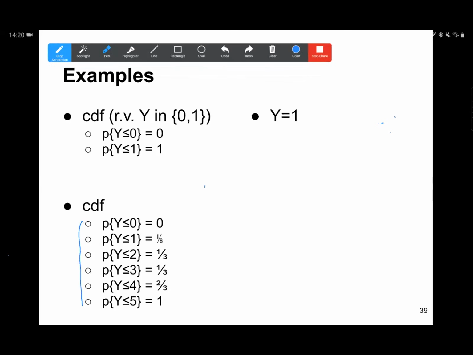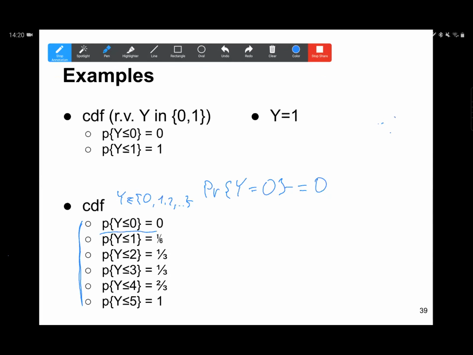So for instance, what is the probability that this random variable Y is equal to 0? Now we're talking about this random variable. What is that? And again, we assume that Y can only be equal to 0, 1, 2, and so on. No fractions. Yes. So the probability that this random variable is equal to 0 is 0. Why?